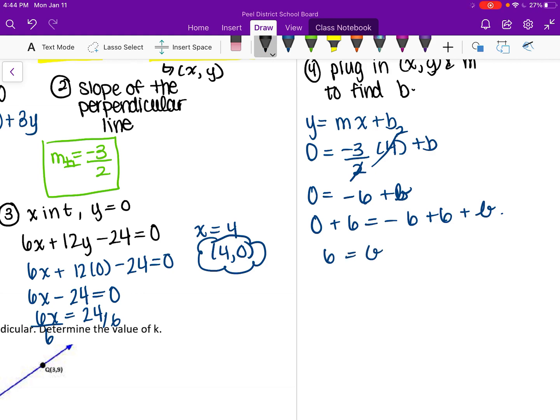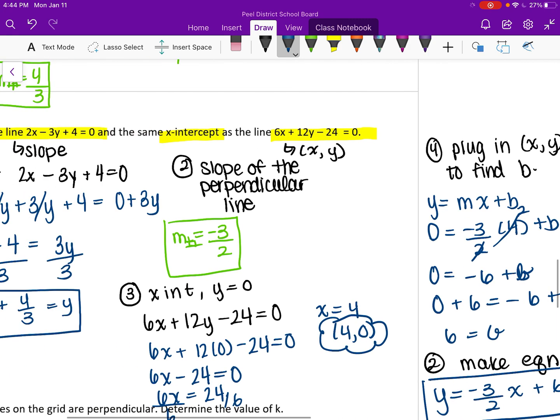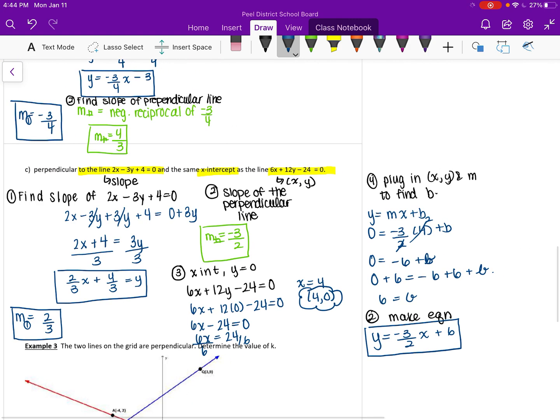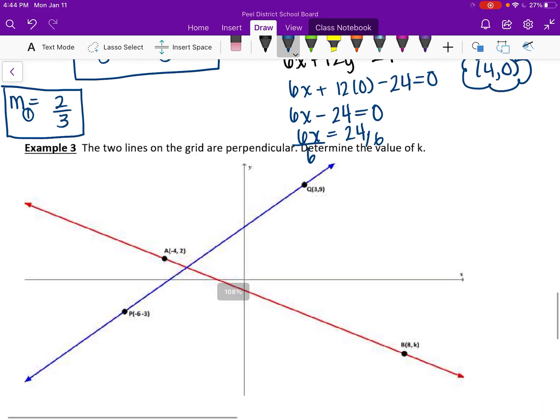So if I plug that back into y equals mx plus b, I'm just going to do y equals negative 3 over 2 x plus 6, and that is the equation of my line. It doesn't say to leave it in standard form, so we'll just leave it in slope-intercept form or in point slope form.